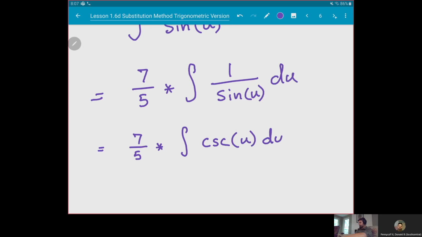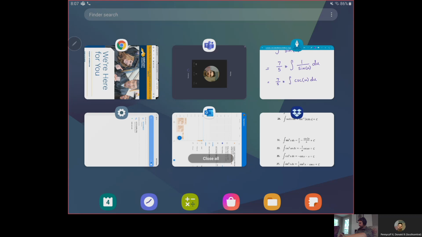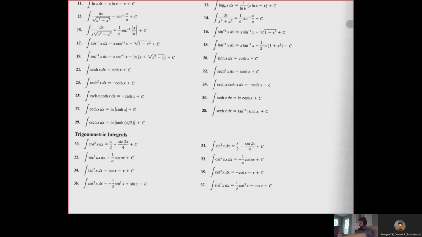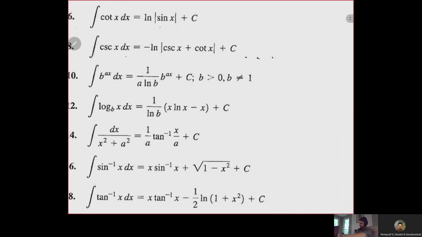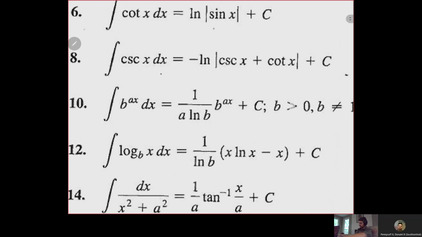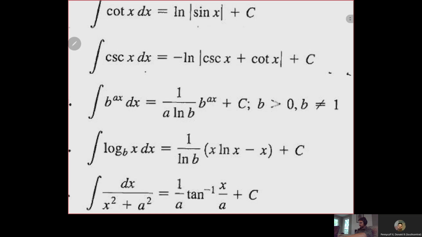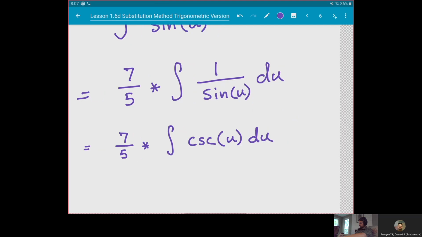Okay, so let's go back to that integral table that I was looking at earlier. And that is, I think, number 8 right here. So right here, we have the integral for cosecant. Negative ln cosecant plus cotangent. Okay. So number 8 on the integral table.